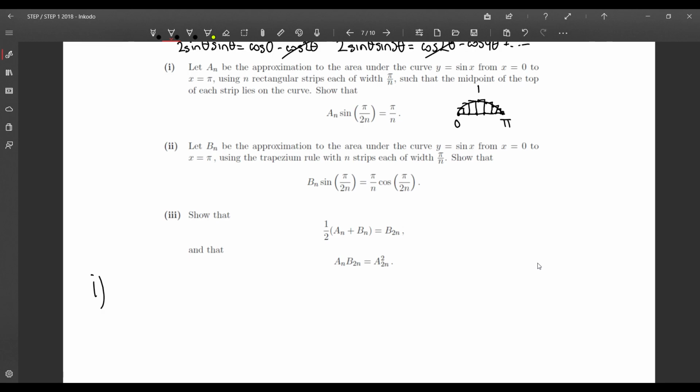So if it's the midpoints, then you have pi over n sine pi over 2n. And really this is going to add up.